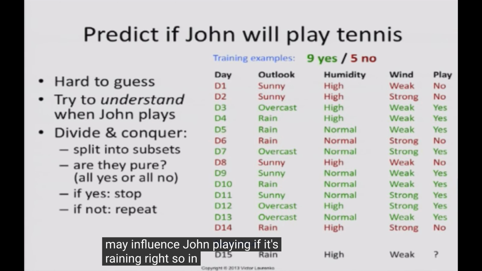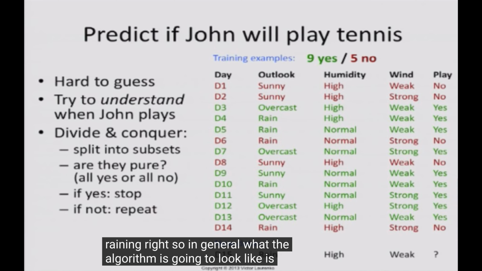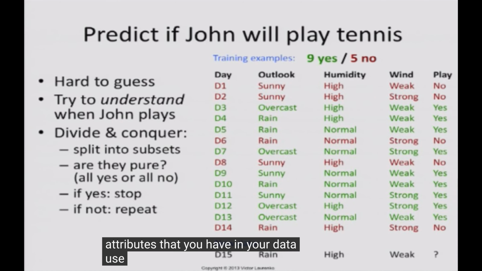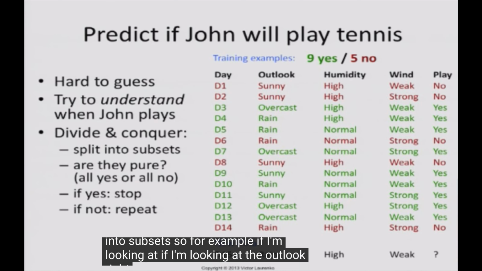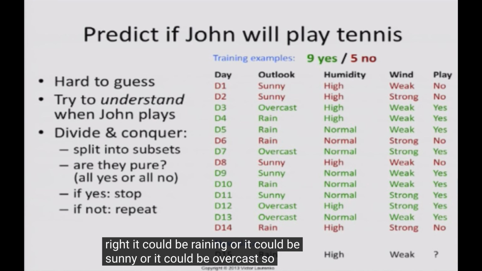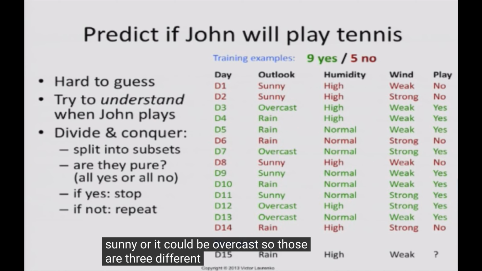In general, the algorithm looks at the different attributes in your data and uses them to split the data into subsets. For example, if I'm looking at the outlook, it could be raining, sunny, or overcast. Those are three different subsets, and you will have some examples in each one.